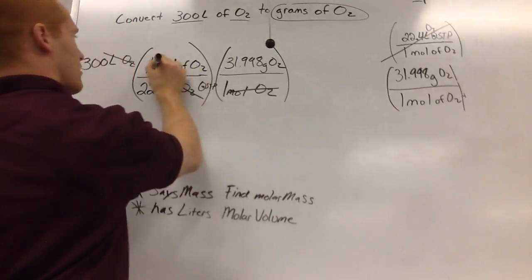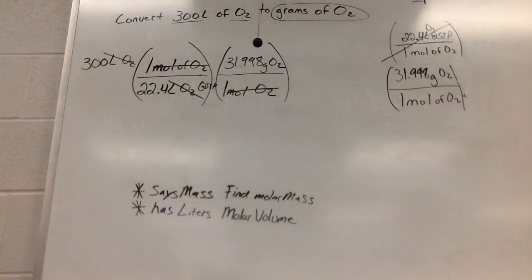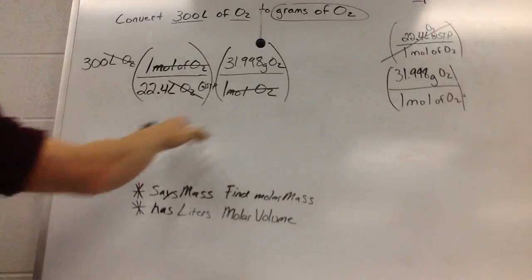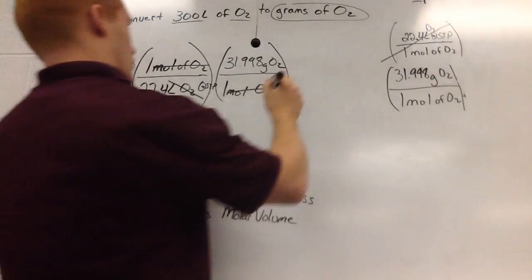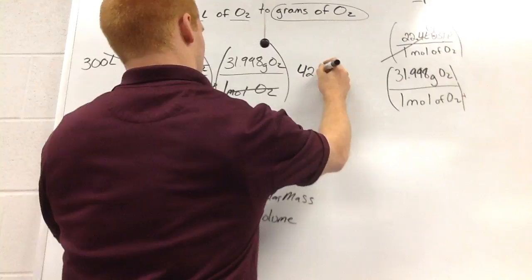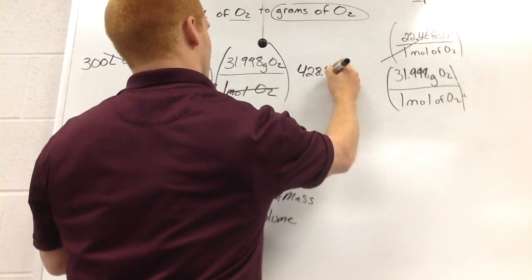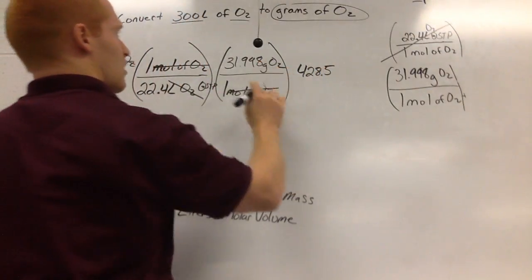Moles of O2 cancels out. Now I'm going to multiply all my numerators, divide by all my denominators. You get 428.5 grams of O2.